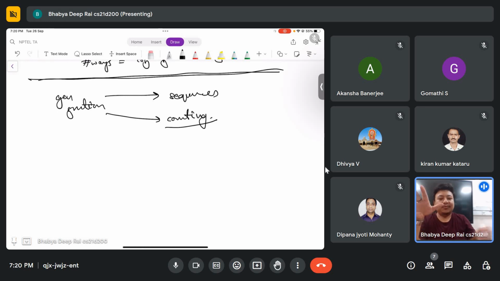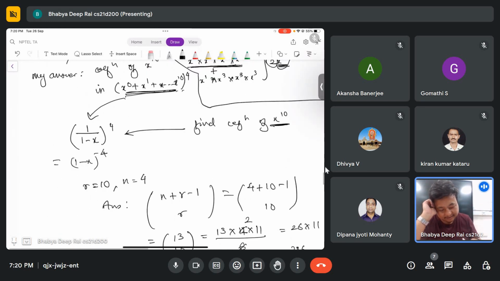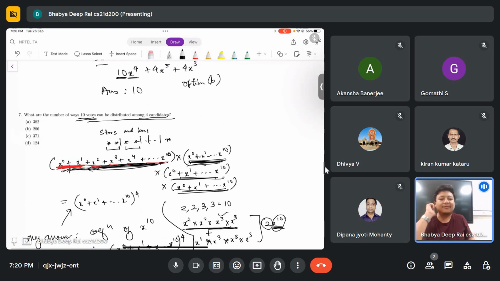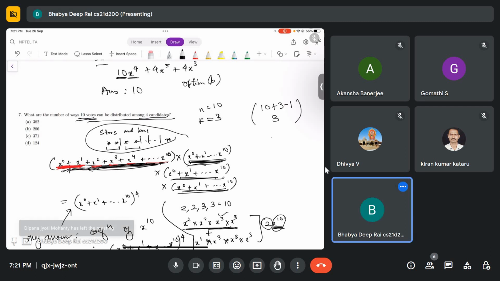And these distributions, for example, the candidate question: the number of ways 10 votes can be distributed among 4 candidates. This could have been done by the stars and bars method. How many sticks do you need? There are 4 candidates, so you need 3 sticks. And how many stars do you need? You have 10 votes in total. Then you can use 10 plus 3 choose 3, or 9, whatever, and you'll get your answer.